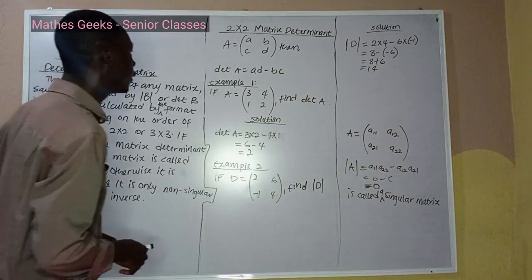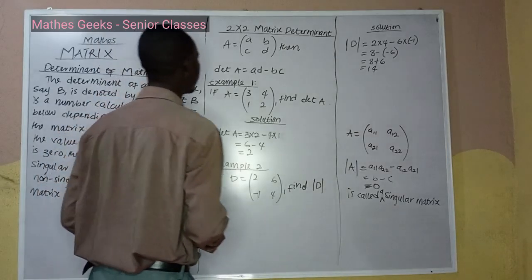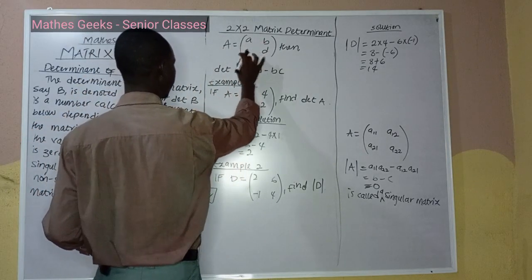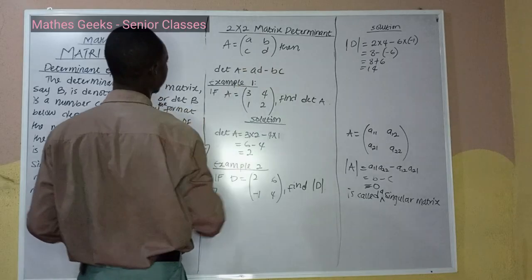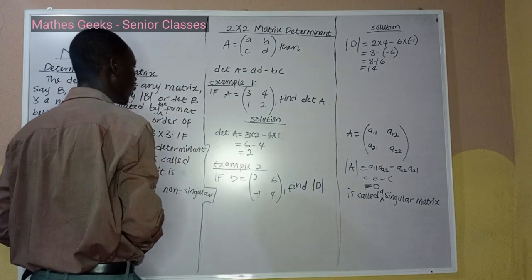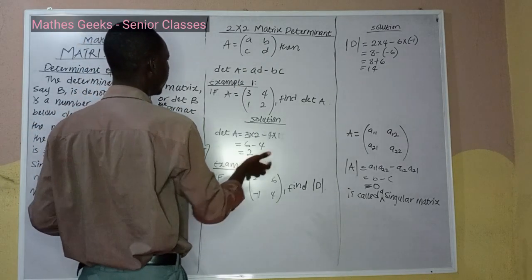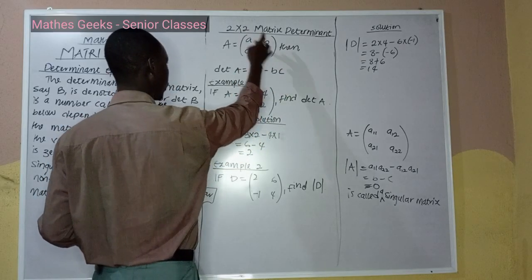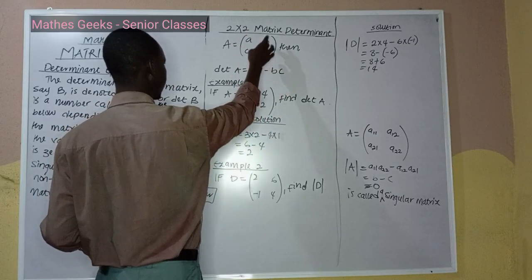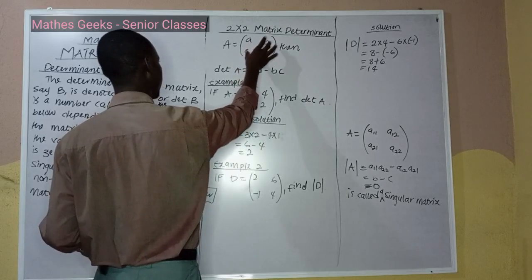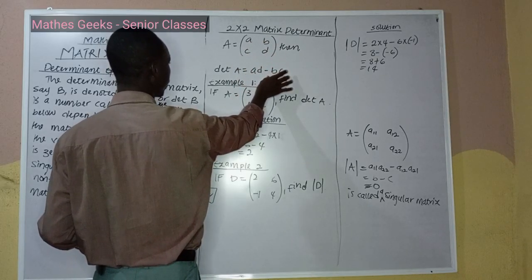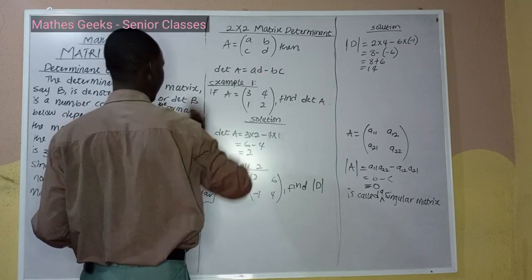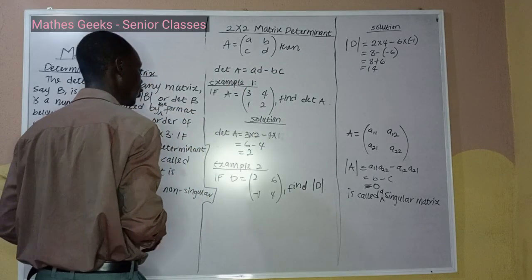Given that A is a, b, c, d, that means matrix A has a, b, c, d as entries or elements, then the determinant of matrix A is simply ad minus bc. What it implies is that you go diagonally, a multiplies d, b multiplies c, and then you subtract the product of bc from the product of ad. So that's how you get the determinant of matrix A.